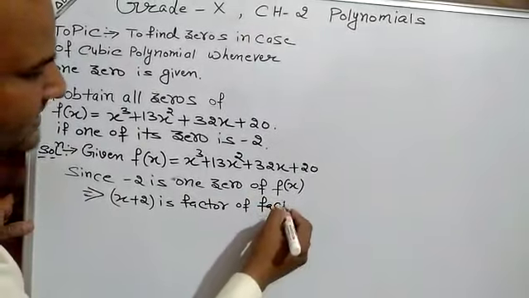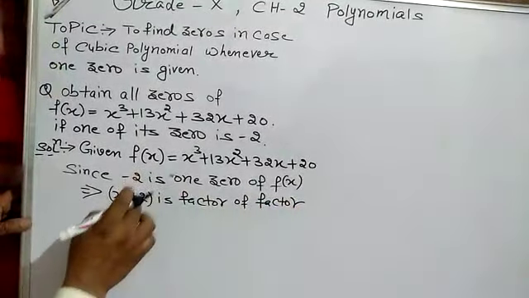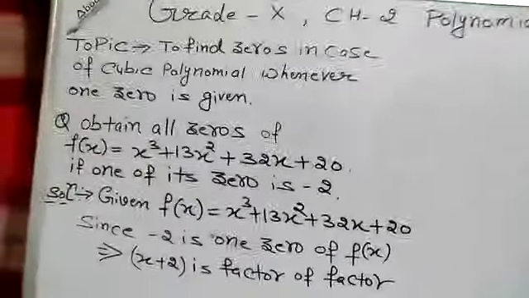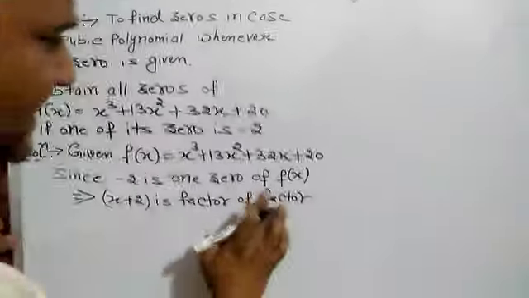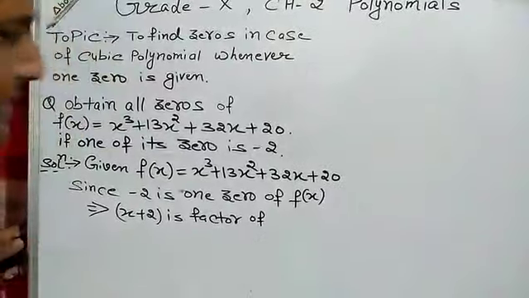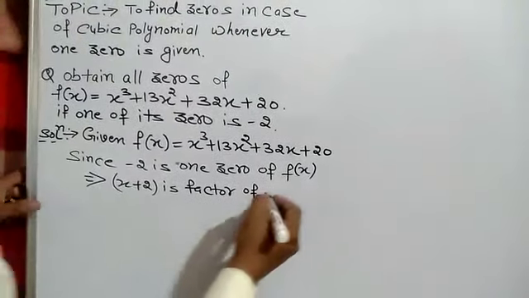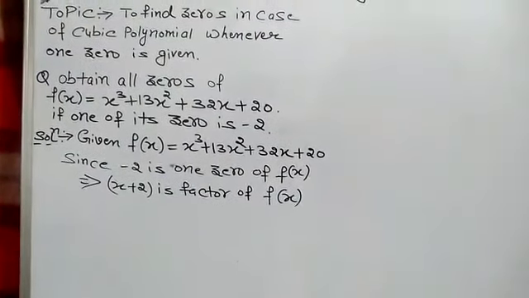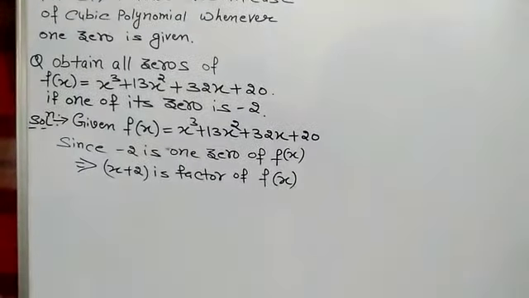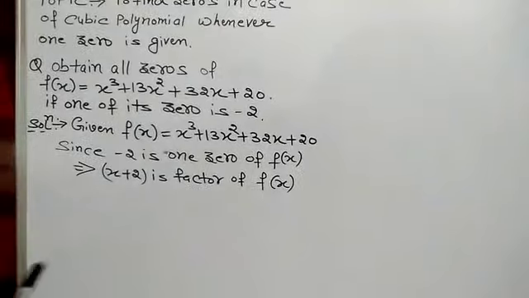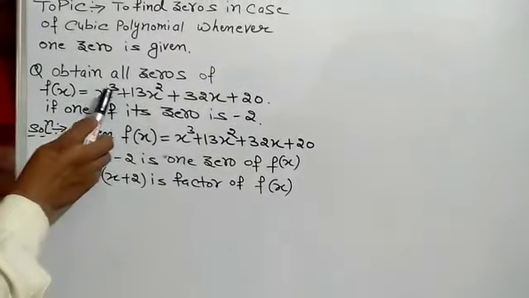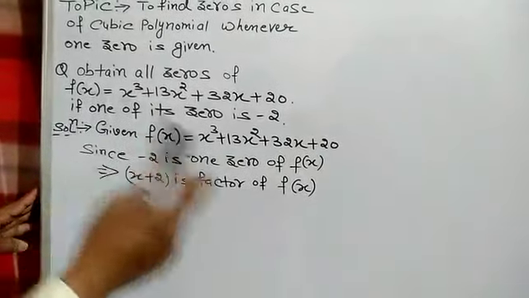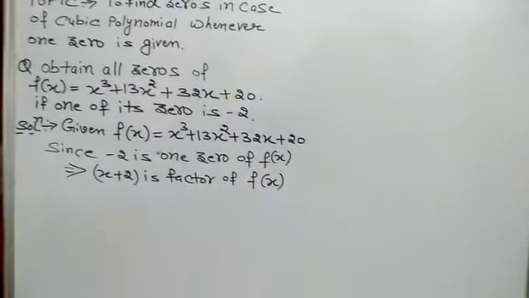f of x. How does this minus 2 become a factor x plus 2? You already learnt this in your previous class. But we are interested to find the rest of the zeros, meaning 2 zeros, because the polynomial is a cubic polynomial. One zero is given to us, that is minus 2, and the rest 2 zeros we have to find out.